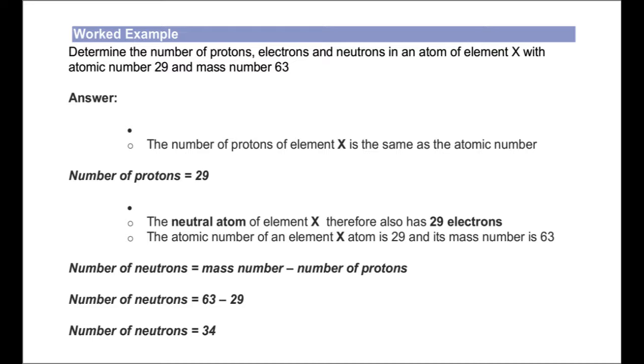The neutral atom of element X therefore also has 29 electrons. The atomic number of an element X atom is 29 and its mass number is 63. Number of neutrons equals mass number minus number of protons. Number of neutrons equals 63 minus 29. Number of neutrons equals 34.